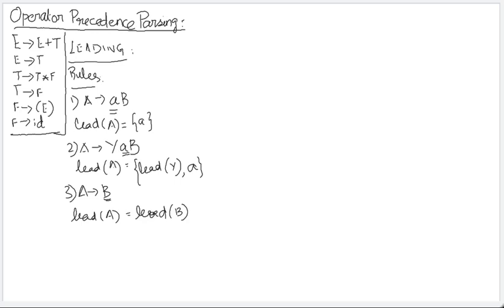Now let us calculate the leading values for the given production. So first of all, the lead of capital E. E has two productions. In the first production, there is a non-terminal, right? So the lead of capital E is lead of the first element, comma.